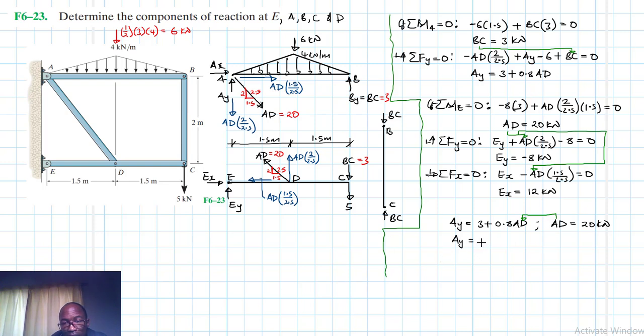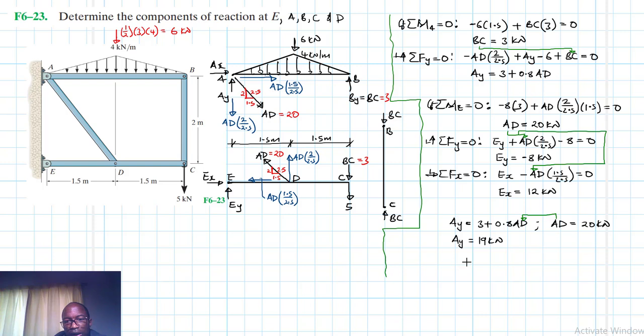This gives us 19 kilonewtons. Is that fine? So let's check our summation of forces. We have minus 20 by 2 over 2.5 plus 19 minus 6 plus 3, then we have a 0. Great. So that is fine.